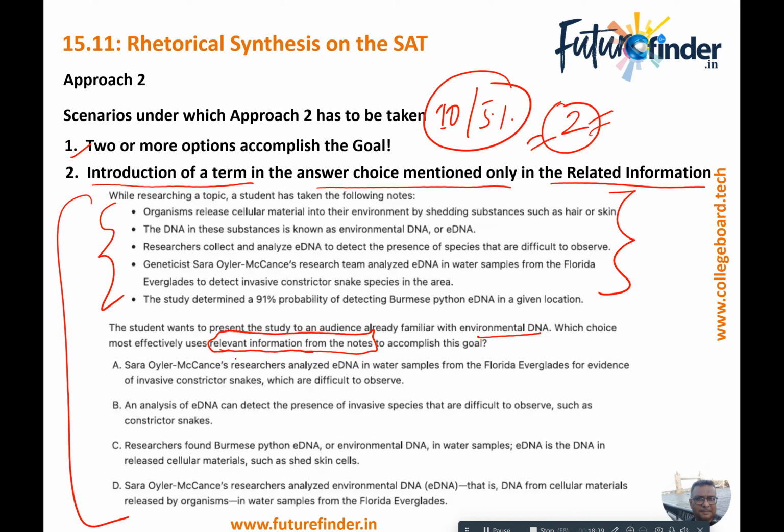Which choice most effectively uses the relevant information from the notes to accomplish this goal? The goal is that the student wants to present the study to an audience on environmental DNA, right? Now let's look at the answer choices.